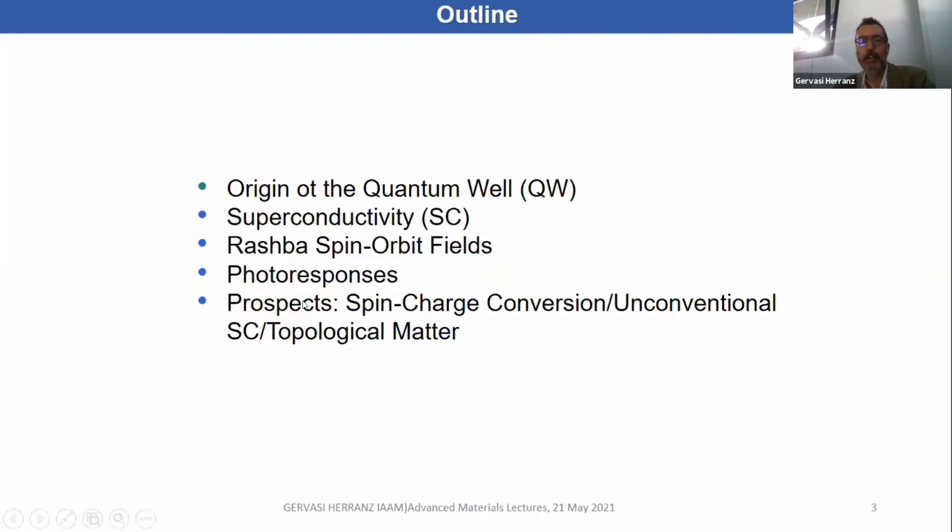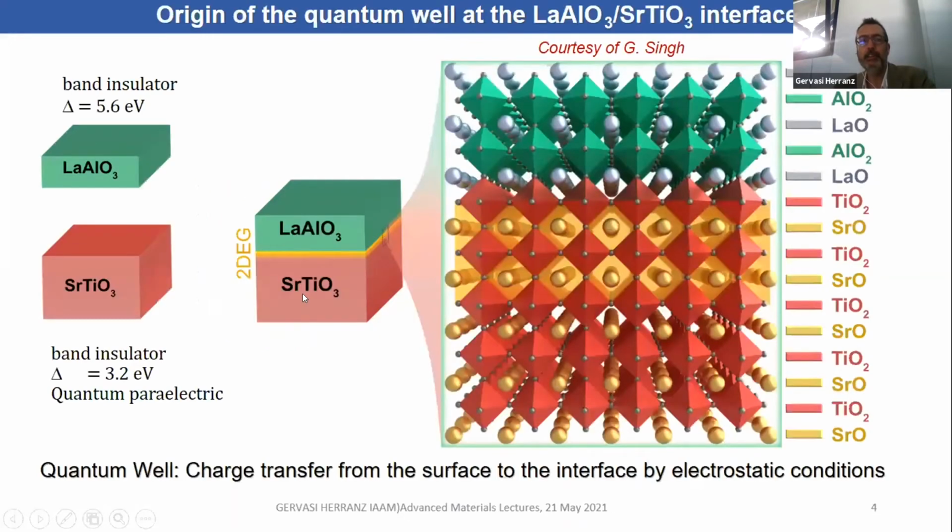So let us start with the quantum well. Which is the origin of this quantum well? Well, basically, as you see here, the materials involved are lanthanum aluminate and strontium titanate. Usually, the heterostructures are prepared by growing lanthanum aluminate films by growth techniques.